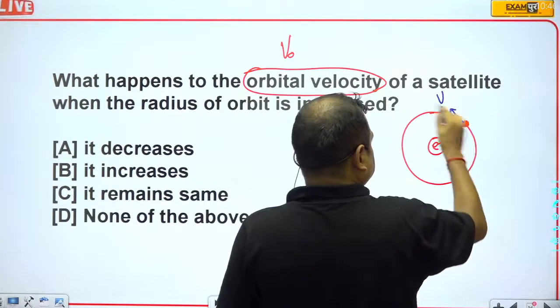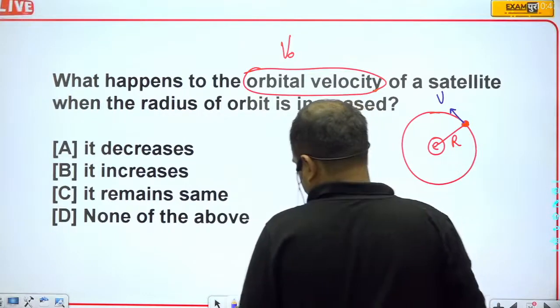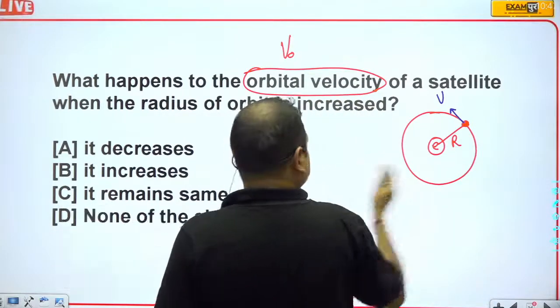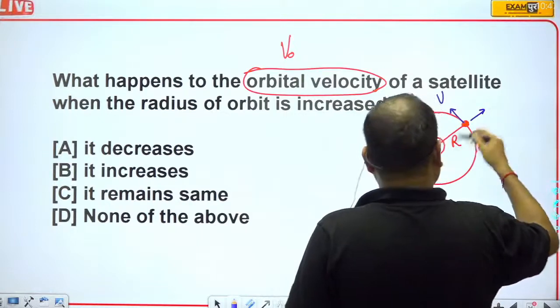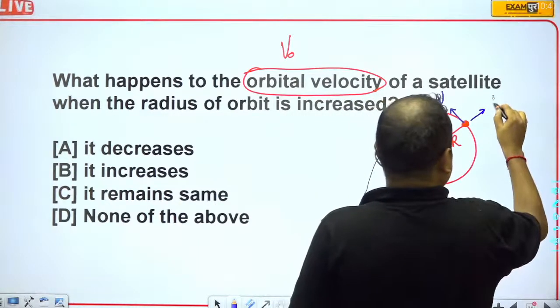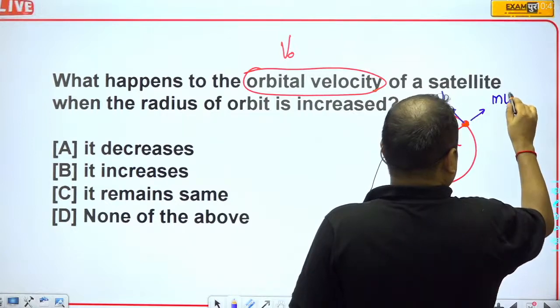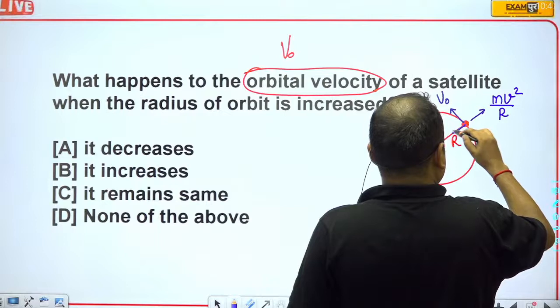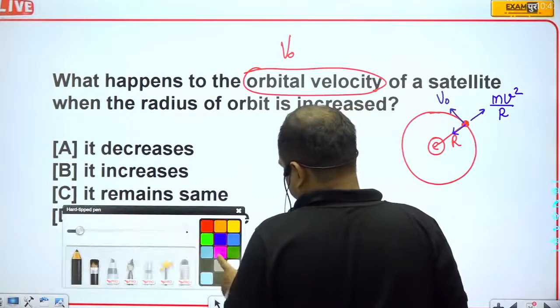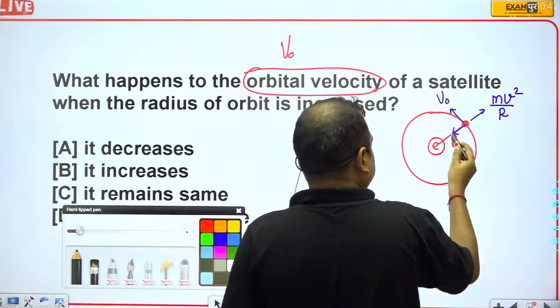Here the centripetal force will be equal to m v square upon r, and this attraction force is the gravitational force.